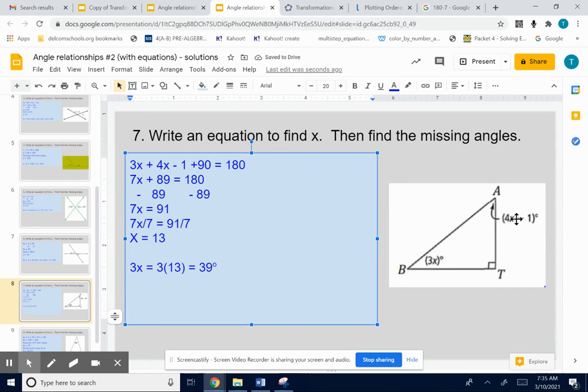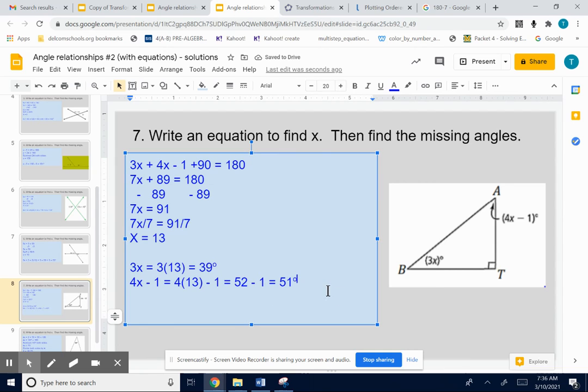The other angle, 4 times x minus 1. I'm going to put 13 in for x, so it's going to be 4 times 13 minus 1. You multiply first. 4 times 13 is 52. Minus 1. 52 minus 1 is 51. So that must be 51 degrees.